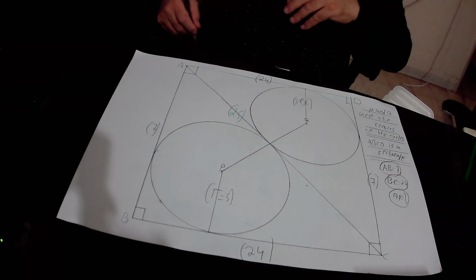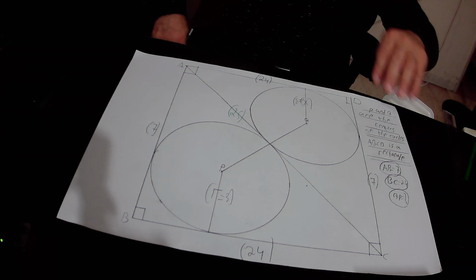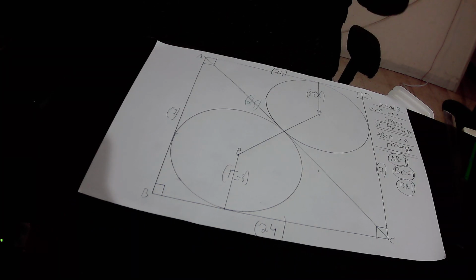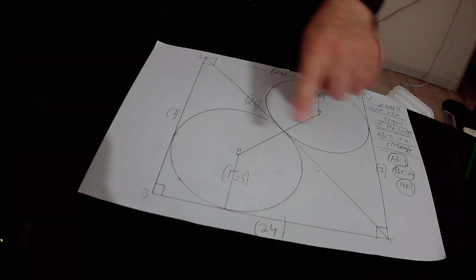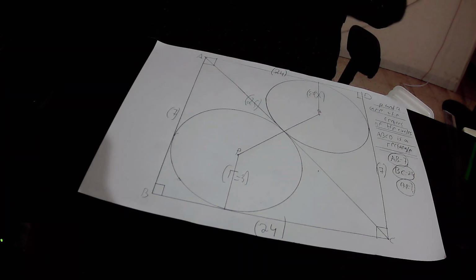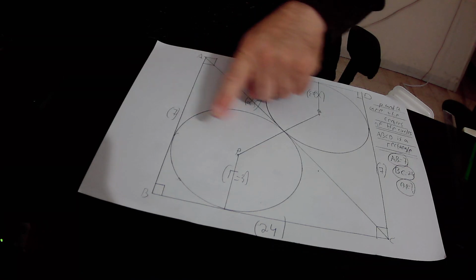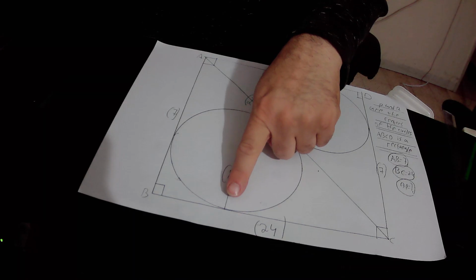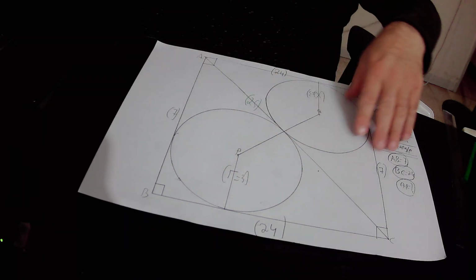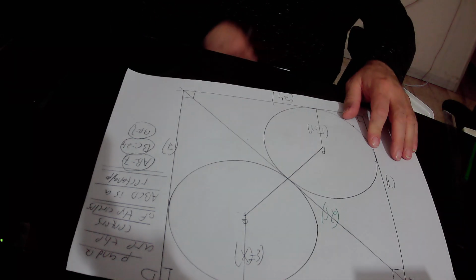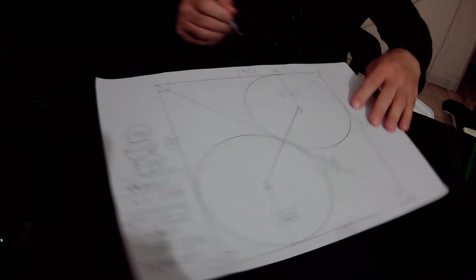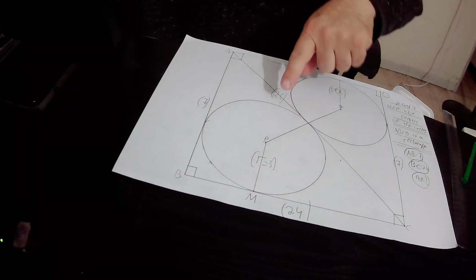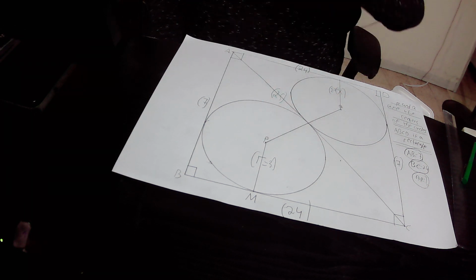Okay, in the next step, we will implement the Pythagoras rule number 1 in this circle. BC is tangent to this circle here, so we define the point of tangency as point M. PM is the radius of this circle, equal to 3 units.